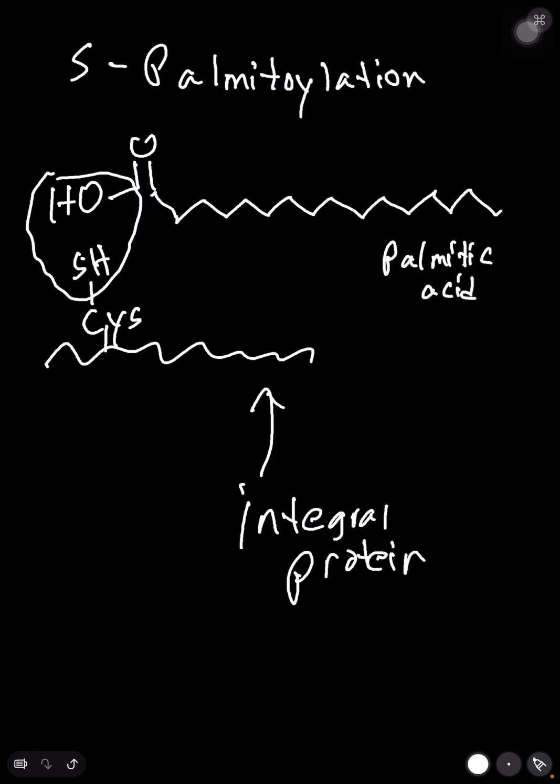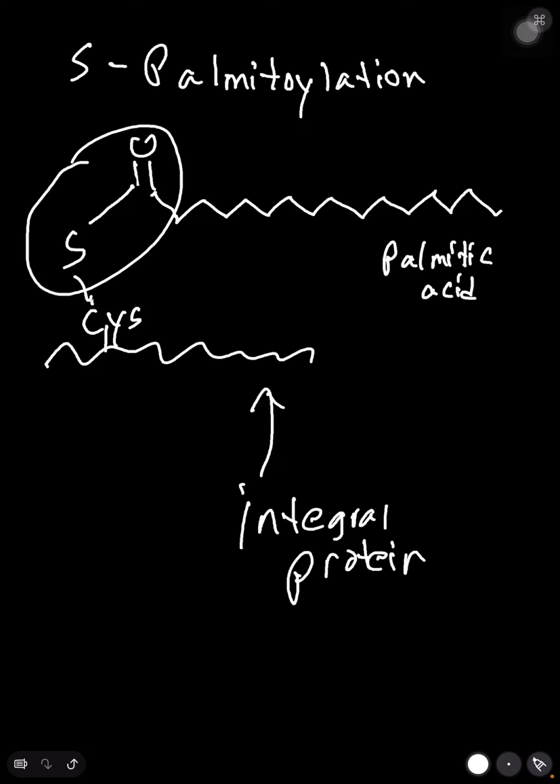These two end groups, the carboxy group of your palmitic acid and the thiol group, can react, and you can form this little bridge. C double bond O with an S on it, that's referred to as a thioester.